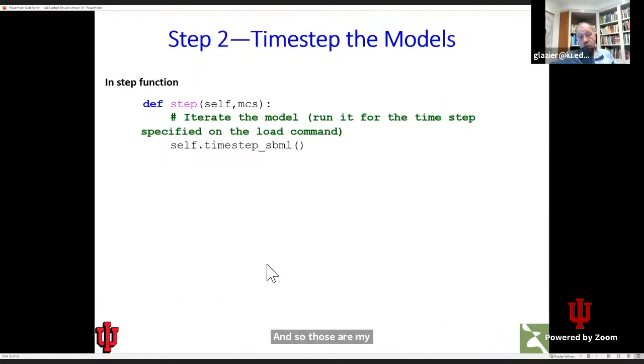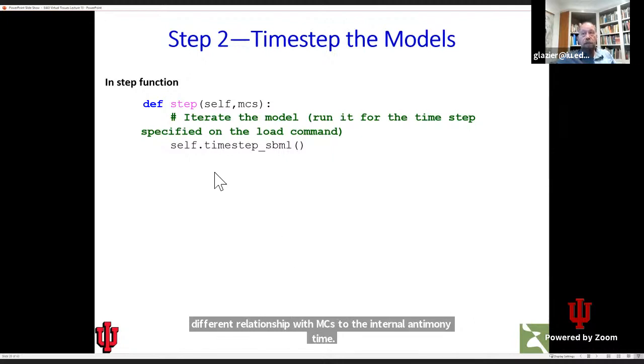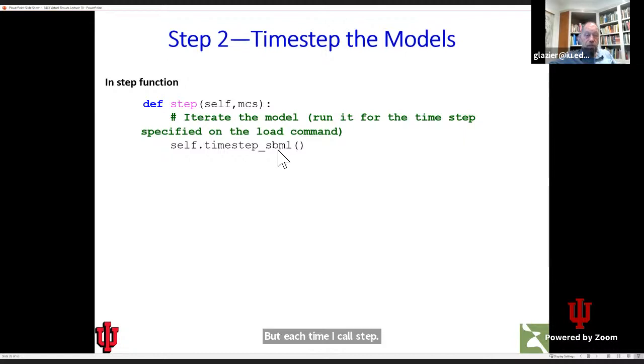Then I time step the model, and at the moment, all the models move in lockstep. Each model I load can have a different relationship between MCS and internal antimony time. But each time I call time step SBML, it will advance each model by whatever internal units it defines to be one Monte Carlo step.